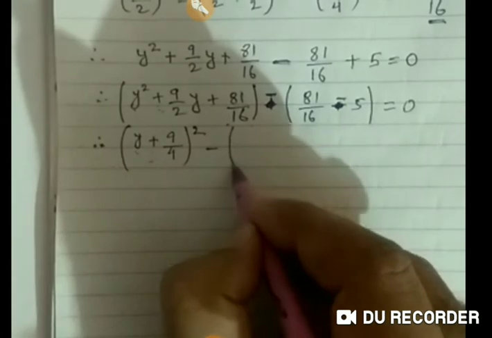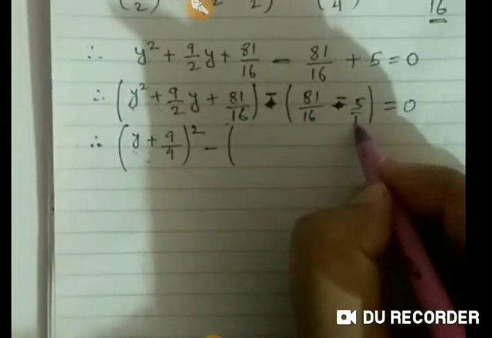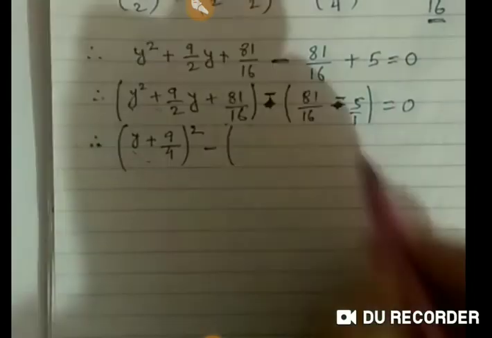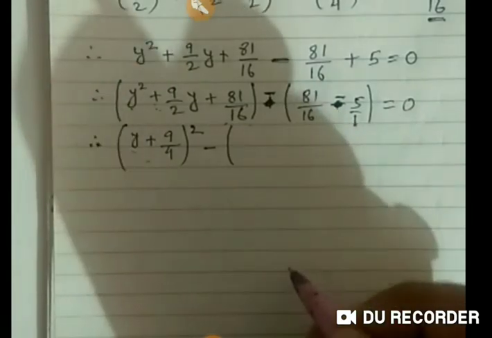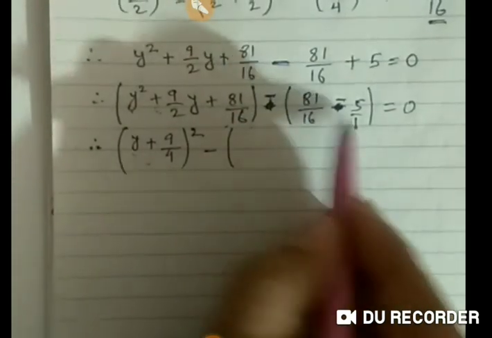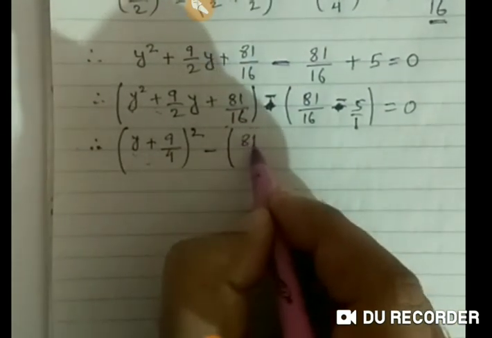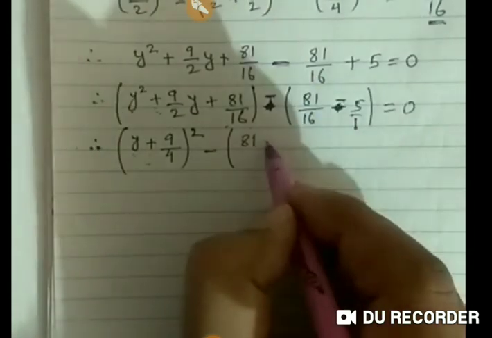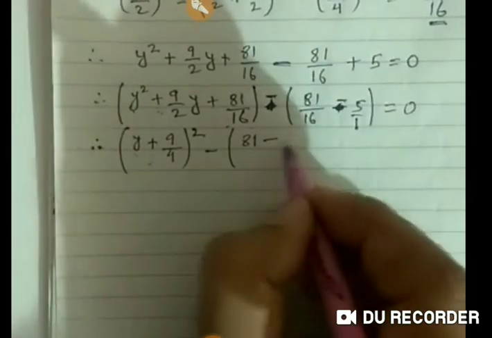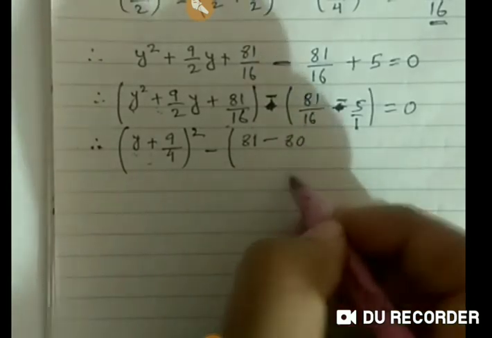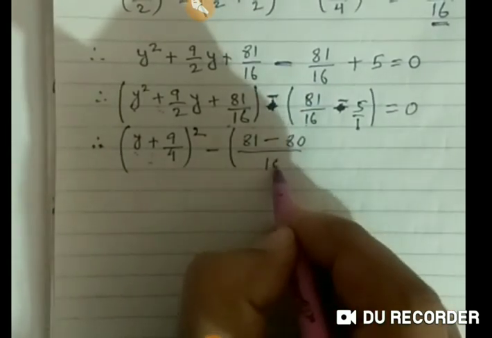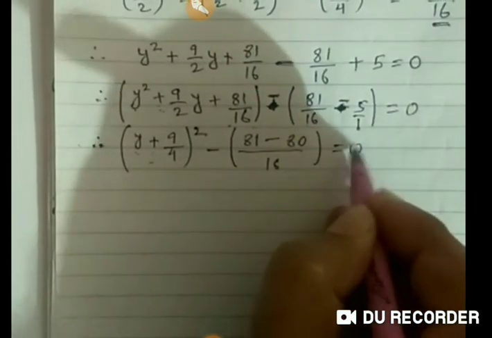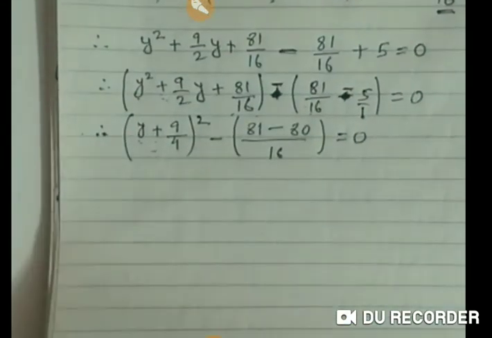When you simplify this, you can consider 1 in the denominator, since there is no number below, you can always consider 1. So 81 ones are 81. Here we have minus sign, so I'll take minus 16 fives are 80 upon 16 ones are 16, equals to 0. Okay.